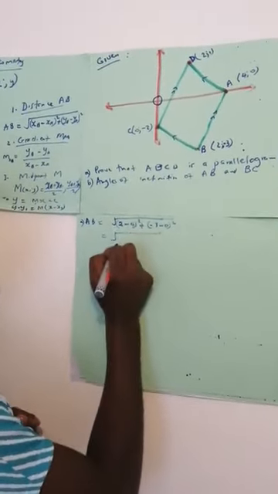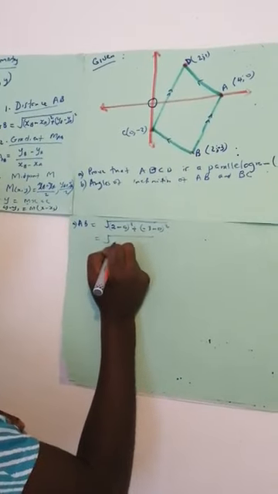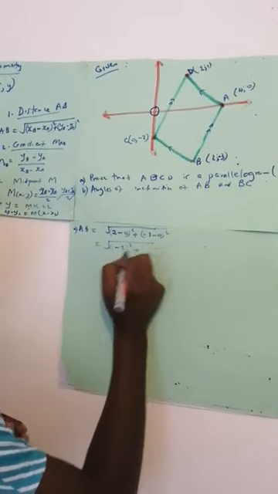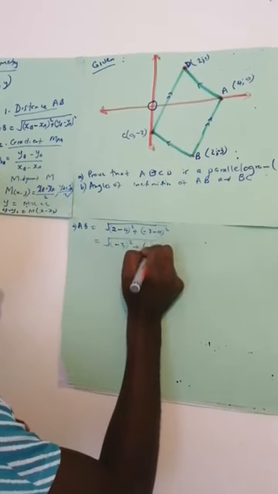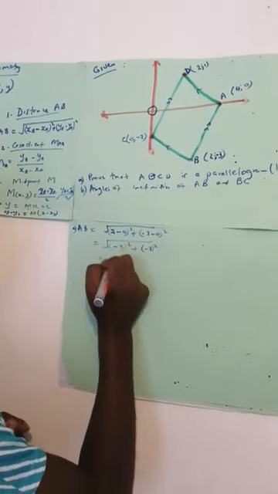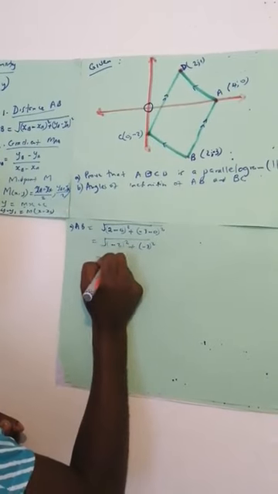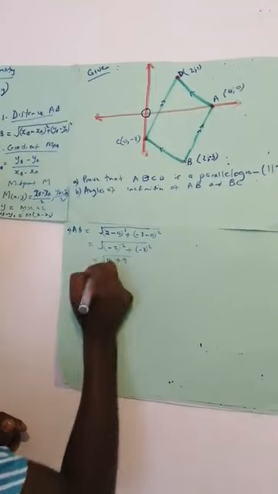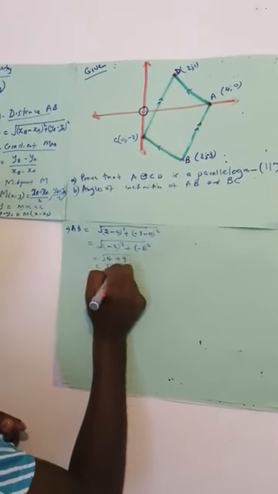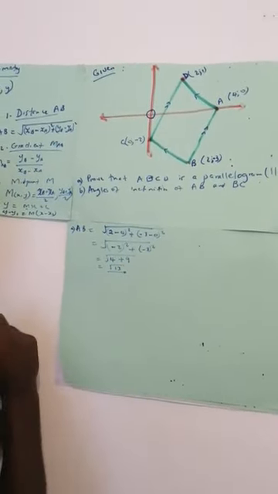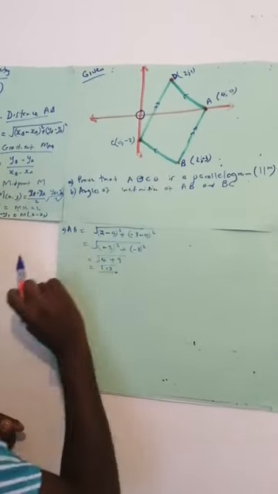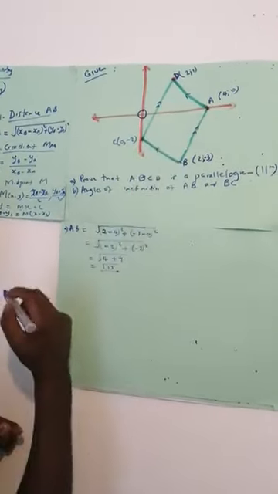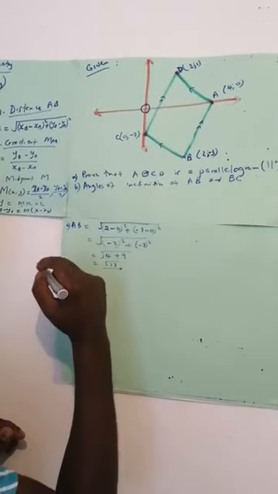And then 2 minus 4 squared is -2 squared, plus -3 minus 0 squared. So this one is 4 plus 9. What is 4 plus 9? The square root of 13. That's for AB. And then we calculate for BC, the opposite side.